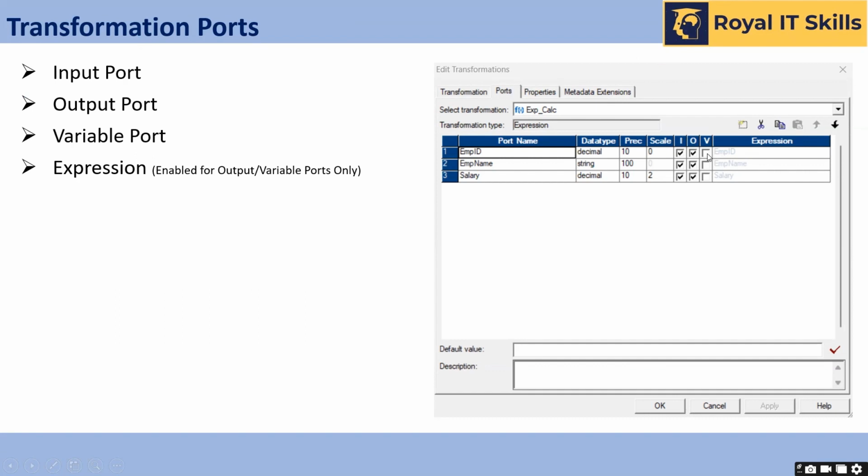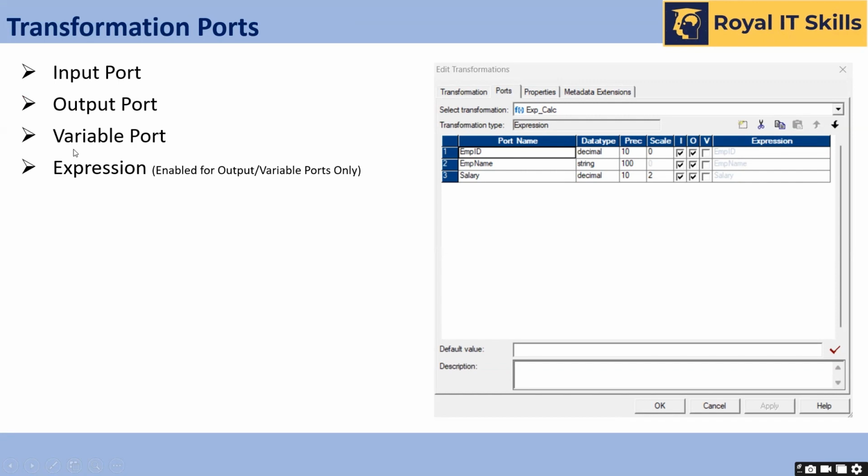A variable is like memory. The first two values will be stored and calculated. Similarly, for any calculation purpose, for any conditional checks, we use variables. And the result we can take forward to the next transformation.